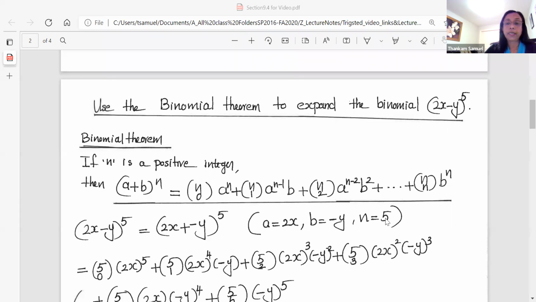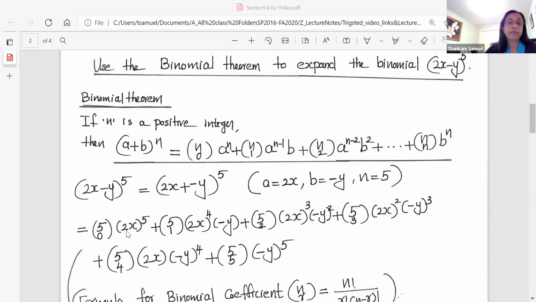We have already seen that the powers of the first term, 2x, in this expansion are in descending order, starting with (2x) to the 5th power, and the powers of the second term, negative y, are in ascending order, starting with negative y to the 0.